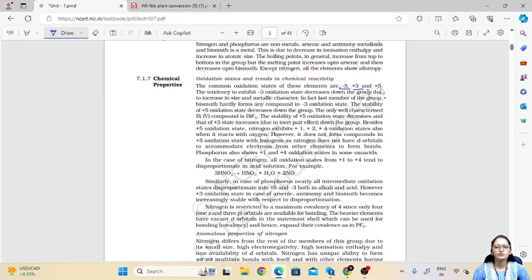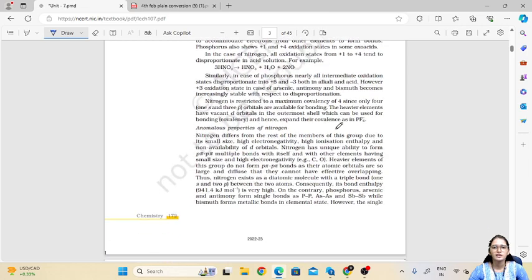As you go down the group, the tendency to gain electrons will decrease, and this is because of the increase in size and metallic character. As metallic character increases, the tendency to lose electrons increases, and the tendency to gain electrons does not increase. So this is about their oxidation states.